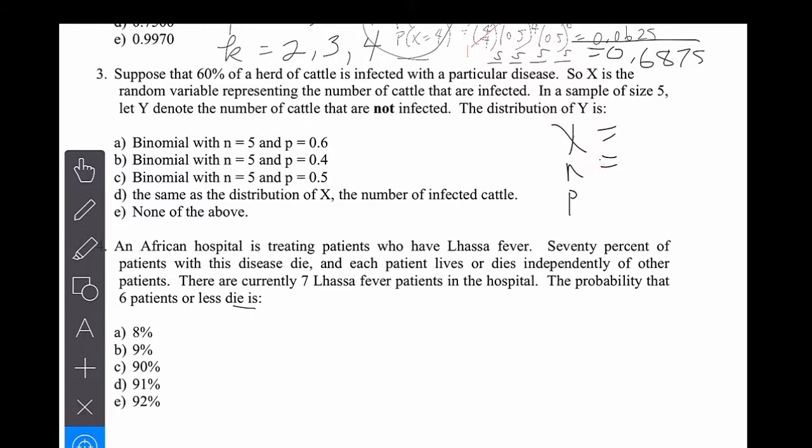We're repeatedly checking to see if a cow is infected or not. In particular, I want Y to denote the number of cattle not infected. That's my success, not infected, which makes sense.